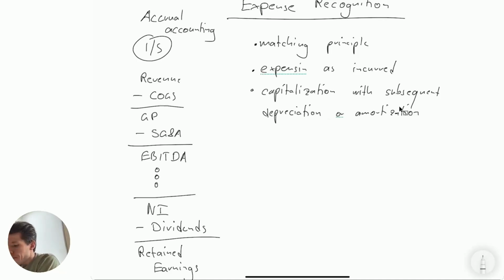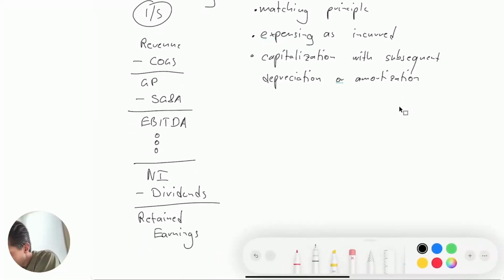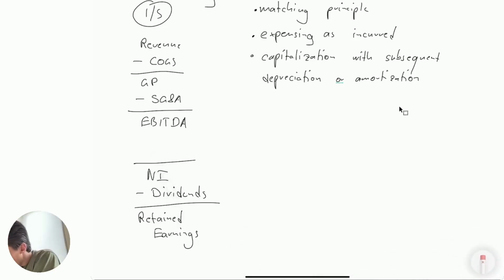Tangible and intangible. Yeah, so what does it mean, expense recognition? How can we think about it? I believe the easiest way to understand is again to look at our income statement. Let's just make it a bit more detailed.